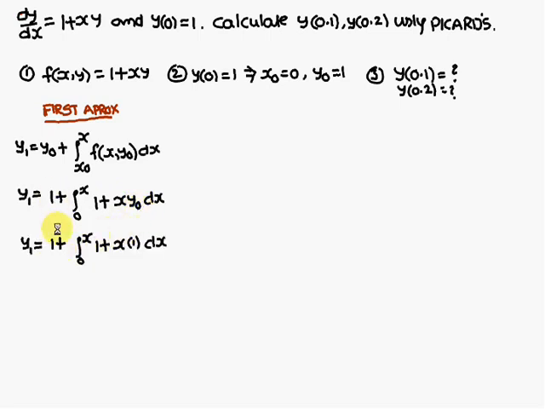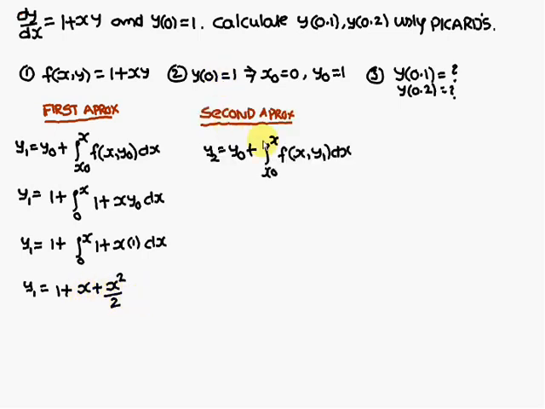Therefore y1 is 1 plus the integral from 0 to x of (1 plus x into 1) dx. Simplifying, the integral of 1 is x, and the integral of x is x square by 2. Substituting the limits, you get y1 equal to 1 plus x plus x square by 2.